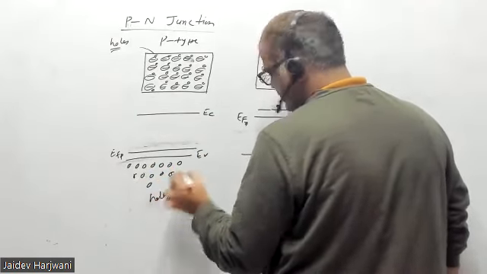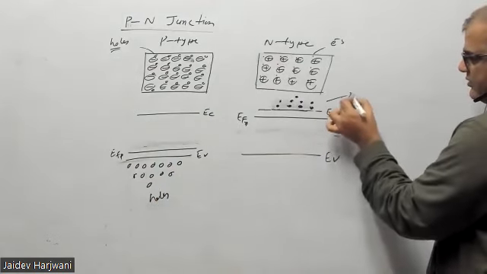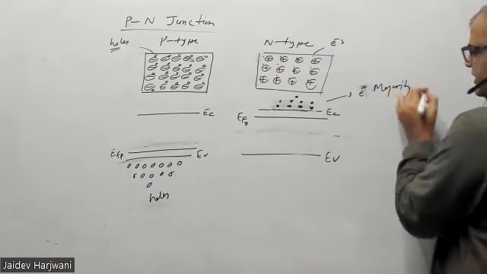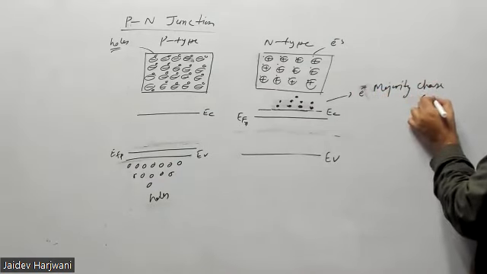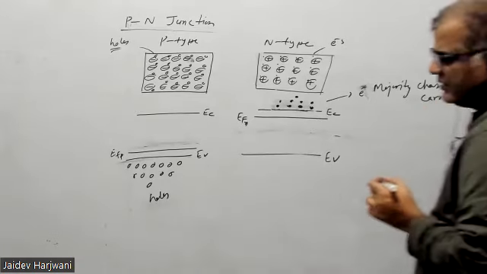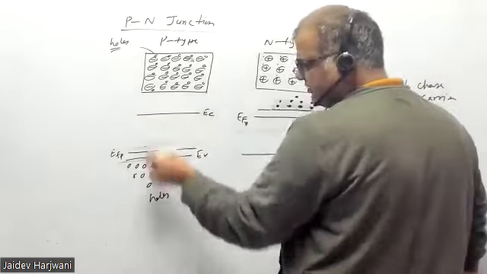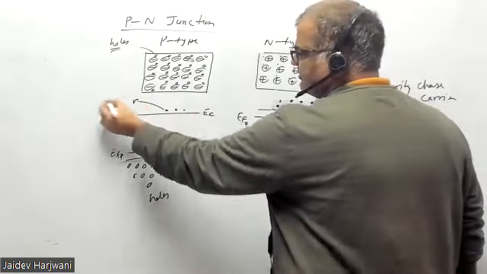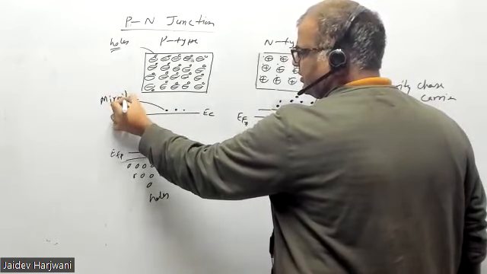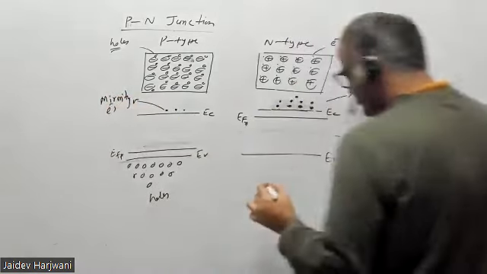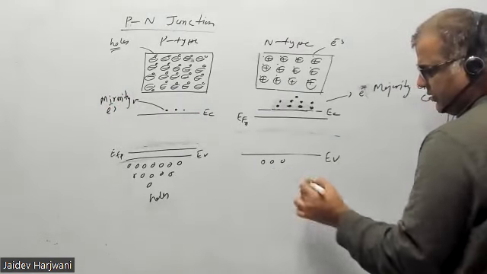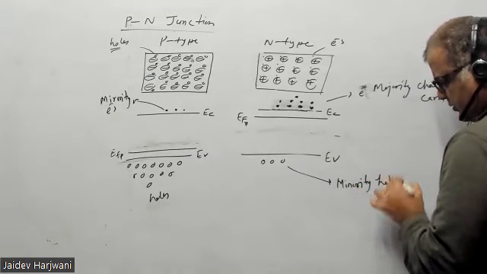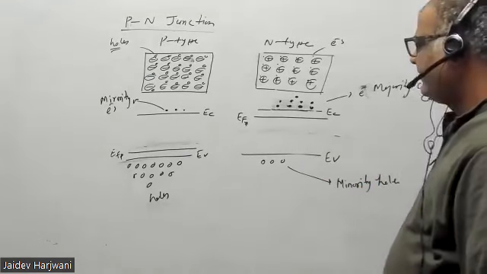These are holes, and these are electrons, the majority charge carriers. Of course, some electrons can also go from here to here. So here also some electrons are there, but they are minority charge carriers, minority electrons. Similarly, here some holes are there, they are minority holes.